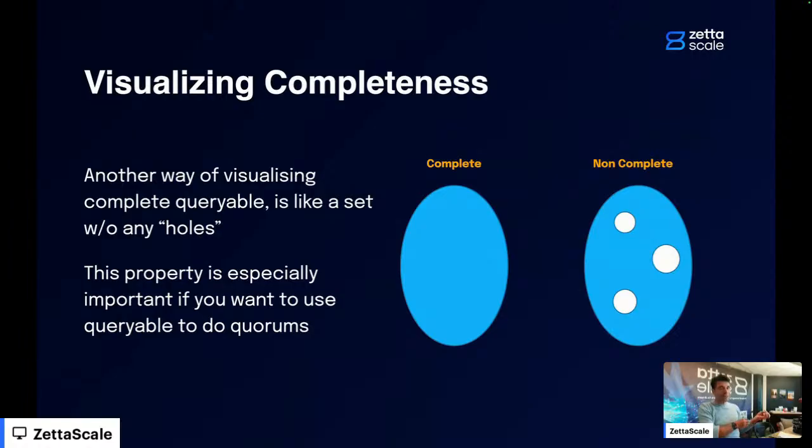If they're not complete, I cannot tell. So any storage that intersects with my query will have to be asked because it's not complete. And the way in which storage A is not complete or queryable A is not complete might be different from how queryable B is not complete. So in that case, if they are non-complete, I need to hit them both.